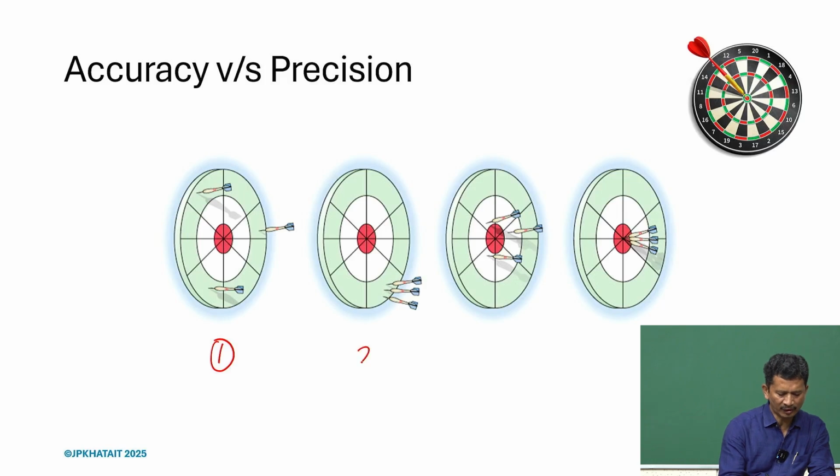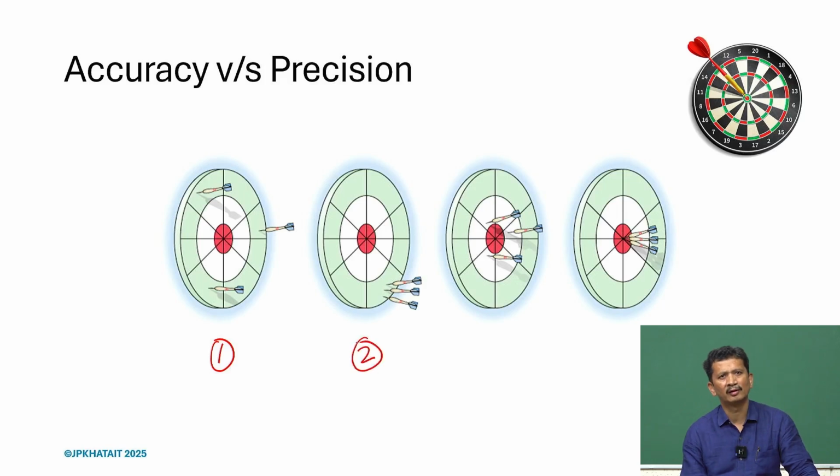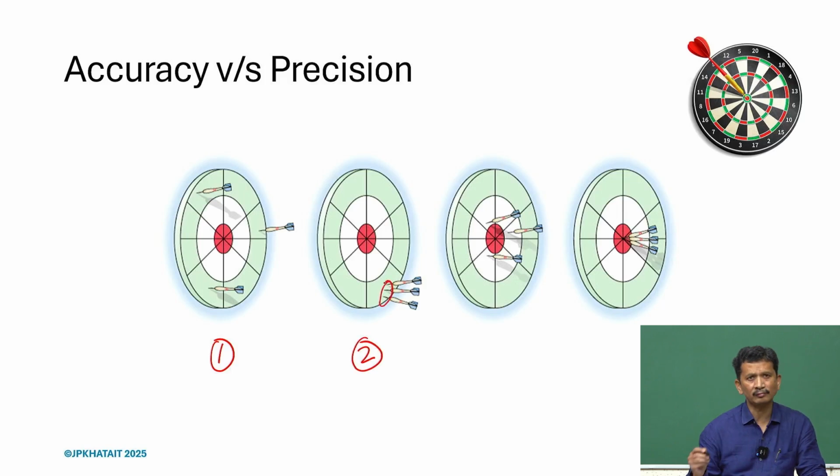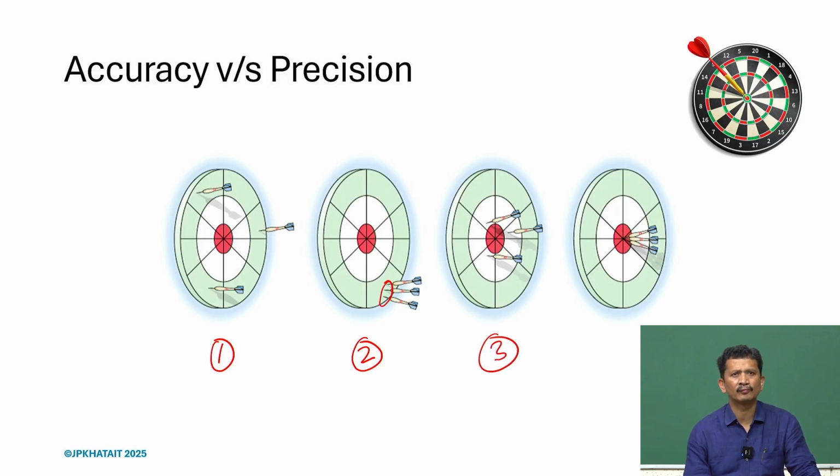Now the second example here: although it's going to one corner, all the darts are going to the same location, more or less. In the third one, they are closer to the bullseye, but a little spread. And in the fourth one, we observe that yes, they are all going to the center, hitting the bullseye.